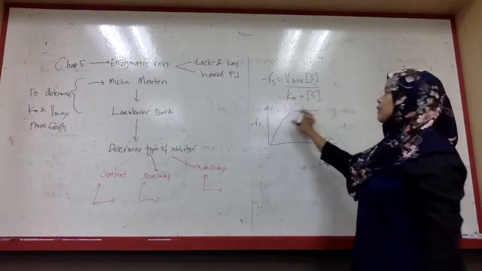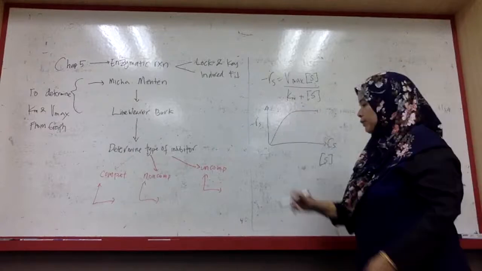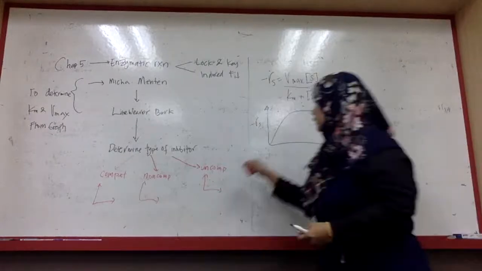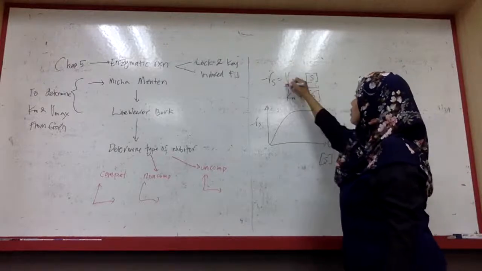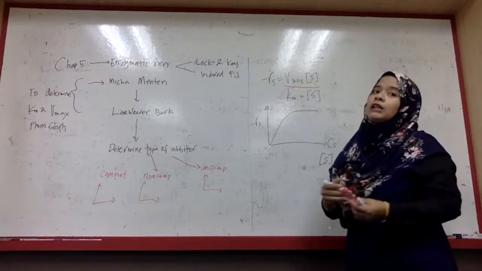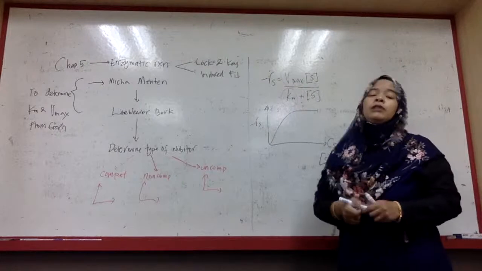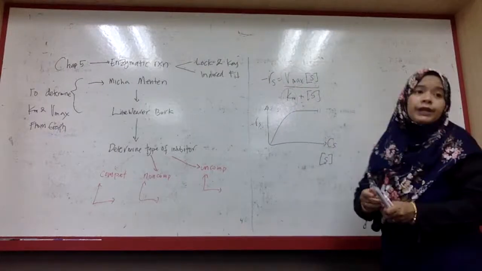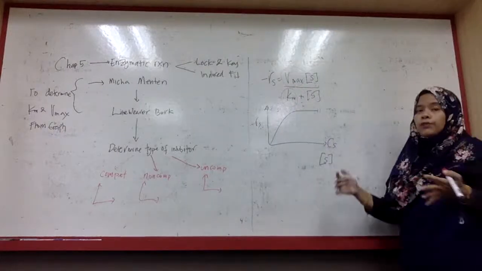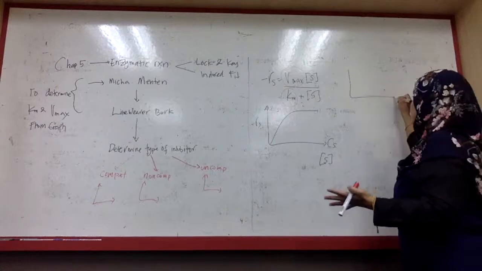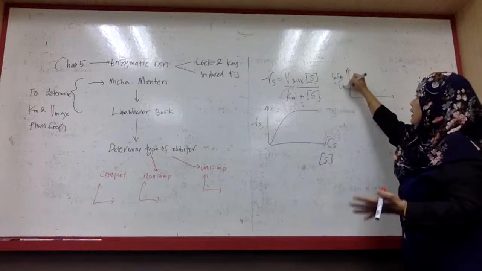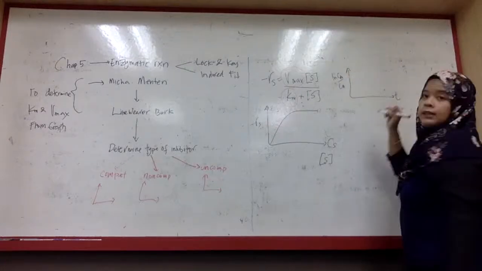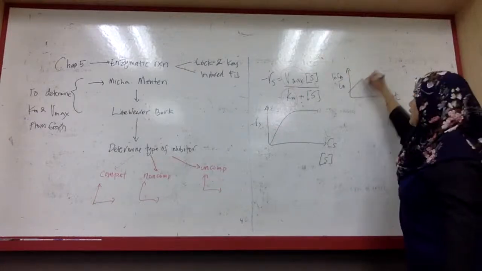Then the curve will go stagnant. So from the curve you can determine, the important thing in this equation is to determine your Vmax and Km. Like previously that you learned in Reaction 1. If you know it is a first order reaction, it is ln CA naught over CA versus t, and you get a linear line.